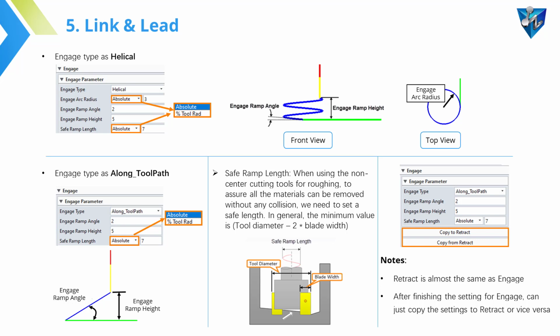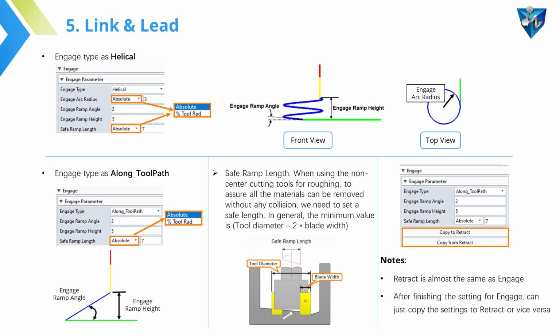And safe ramp length: when using non-center cutting tools for roughing, to ensure the materials can be removed without any collision, especially in the center area of the tool, we need to set a safe length. In general, the minimum value is tool diameter minus twice the blade width.